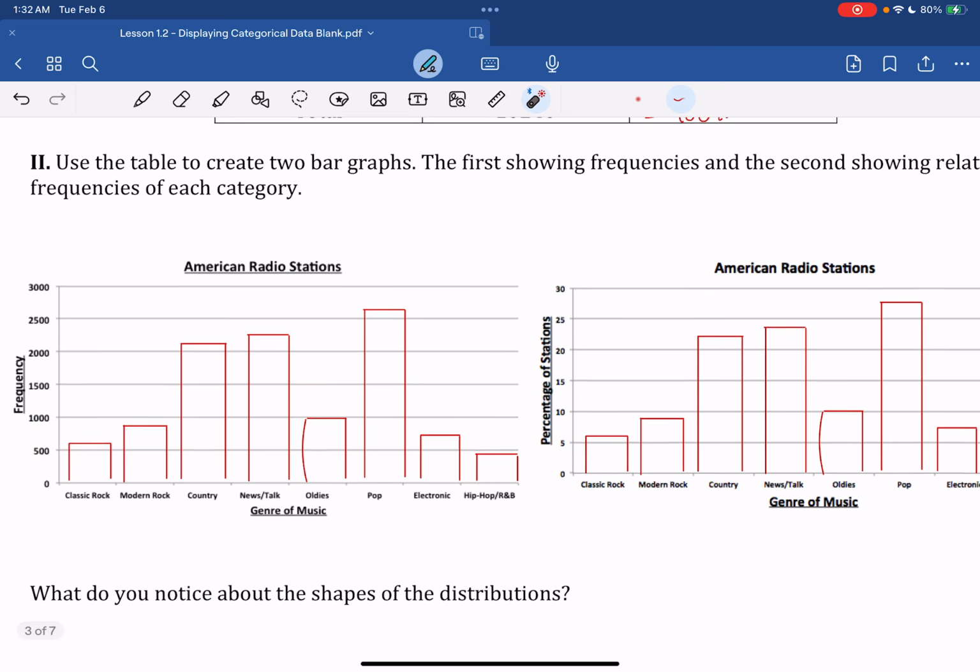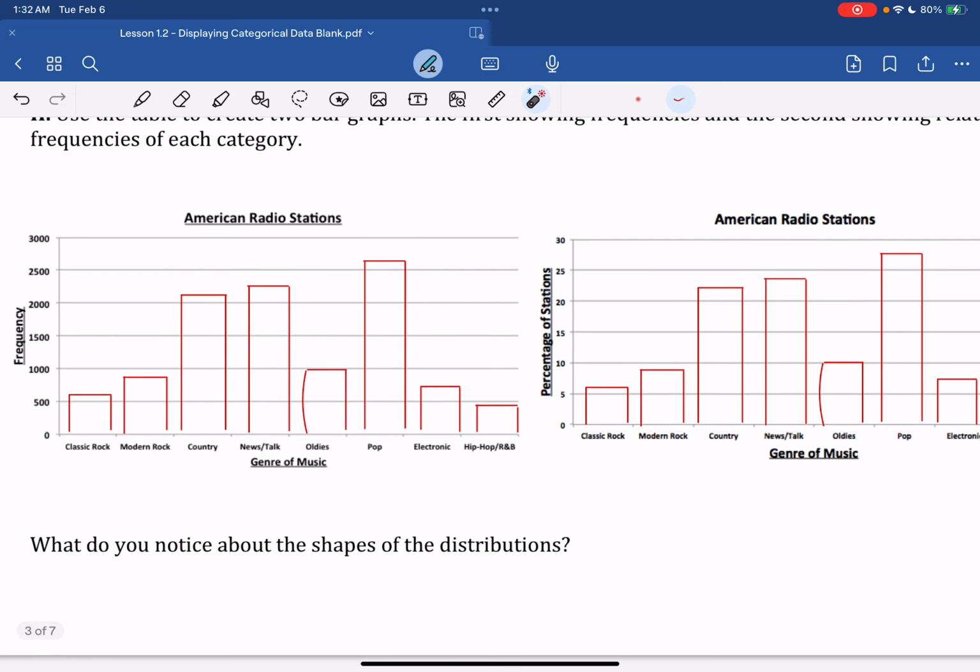Each of these show the exact same data. So what do we notice about all this information? The cool thing that we can notice is that the distribution, regardless of how we do this, is the same. Maybe a little bit of an exclamation mark on that one.